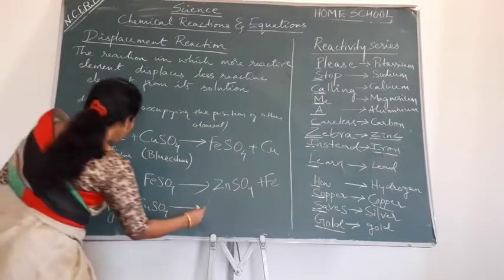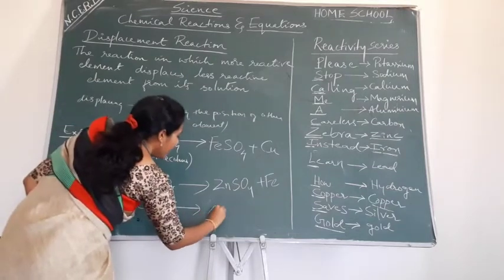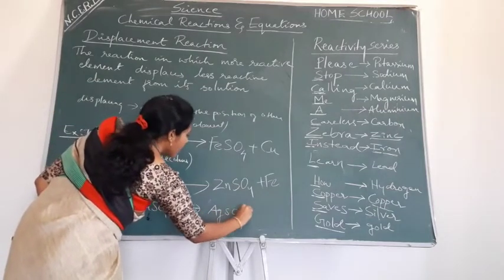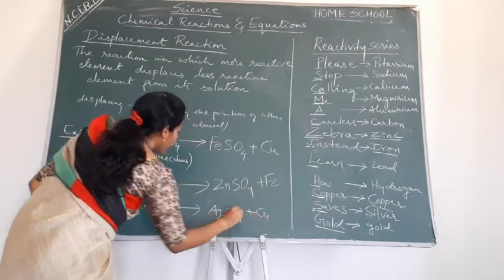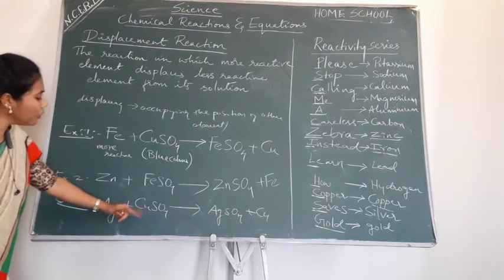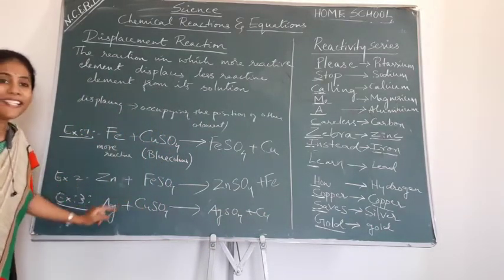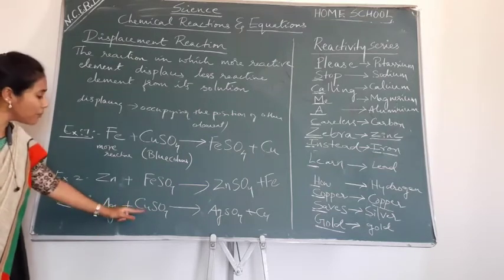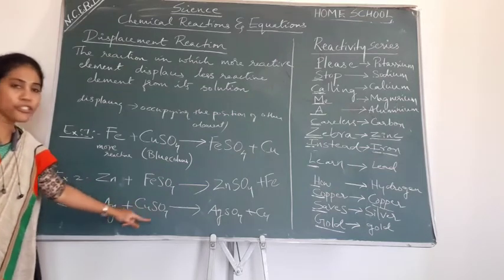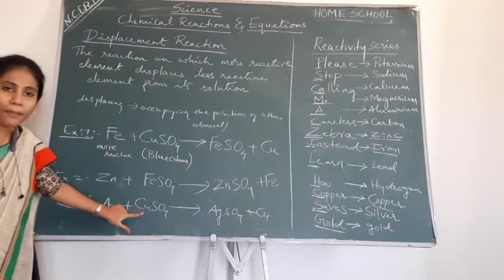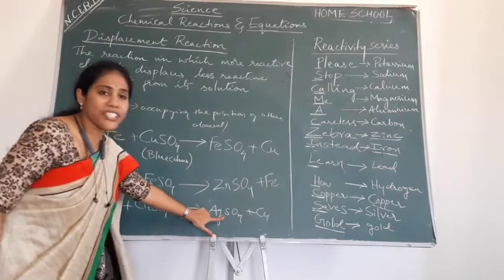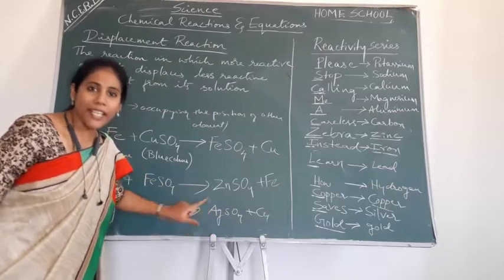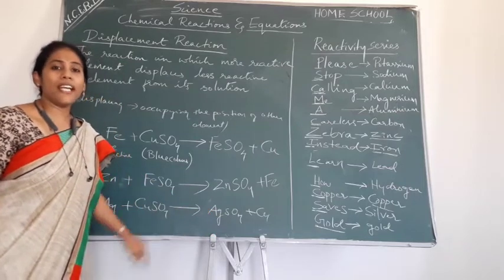Do I get a product like Ag2SO4 plus copper? Can Ag remove copper from its place and occupy its position to get Ag2SO4? Will the reaction happen? Just try it over.